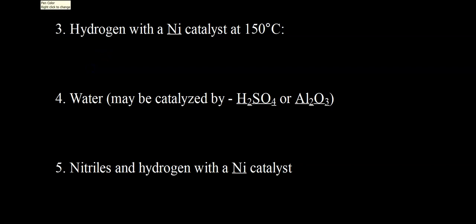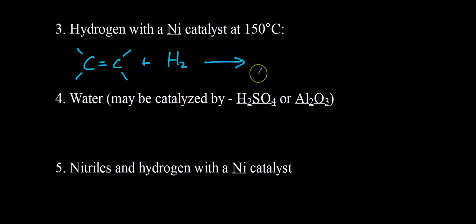Just to change things up, I'm going to write it as a structural formula this time. So we have ethene, and it doesn't have to be ethene, but some alkene, reacting with hydrogen. We have a nickel catalyst, 150 degrees Celsius, so make sure to include both of those.